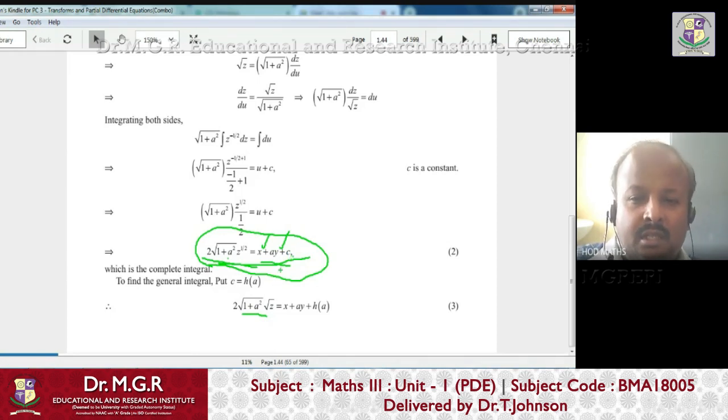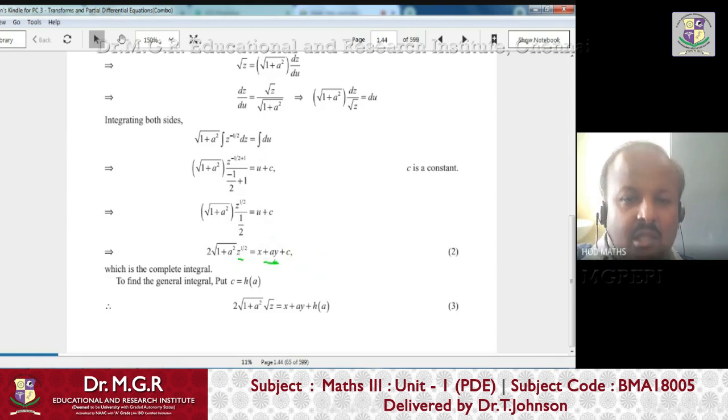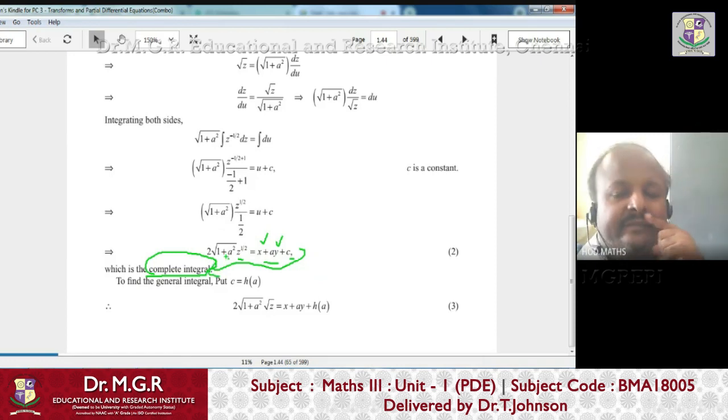So in this equation, we have the relation between dependent variable and independent variable, so we call it a solution. Moreover, it has 2 arbitrary constants and we have 2 independent variables, so we call this the complete solution or complete integral.